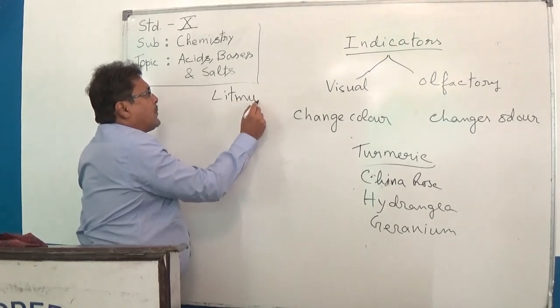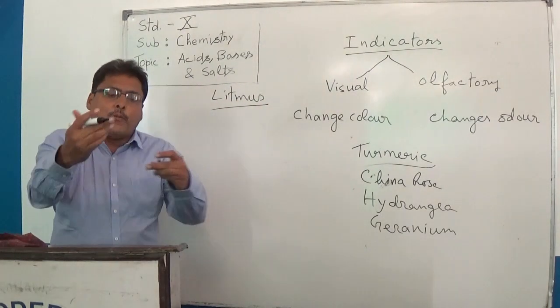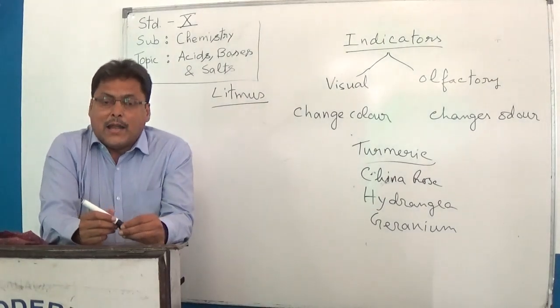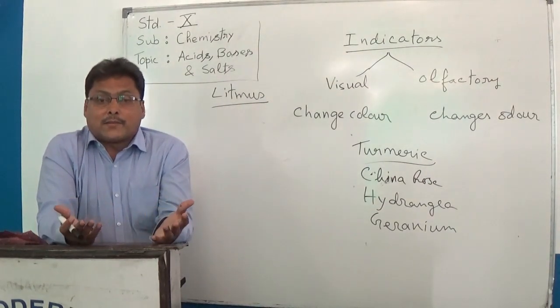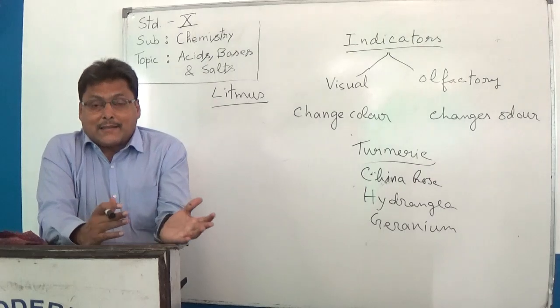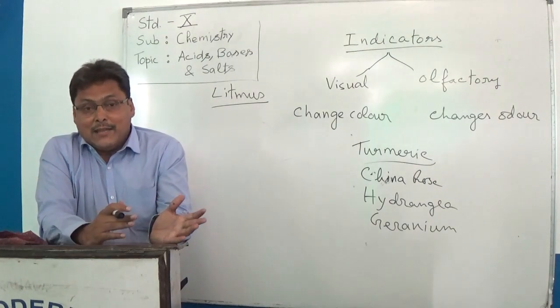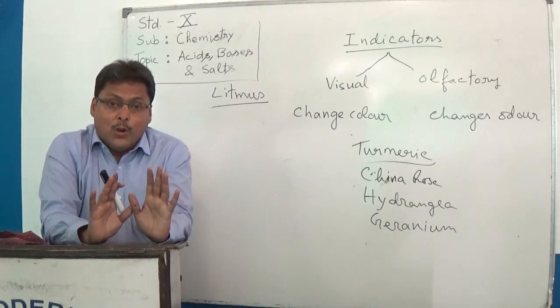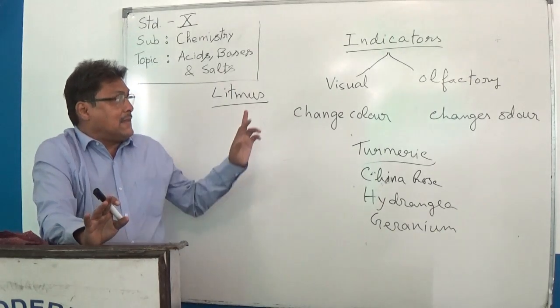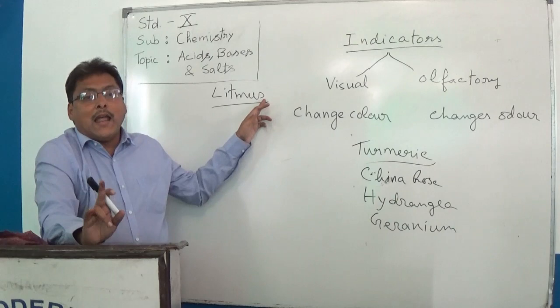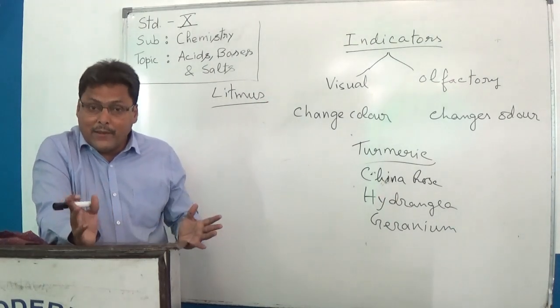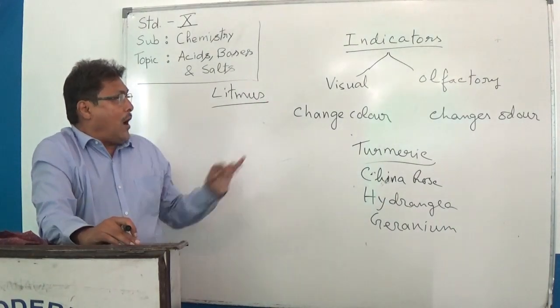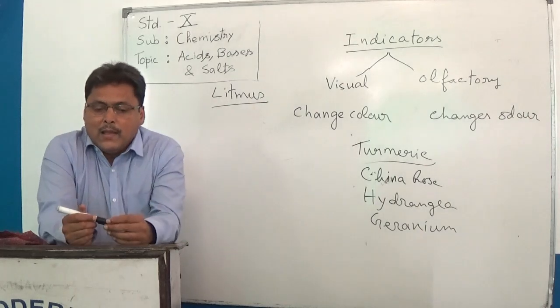This name you have learned even from your 4th or 5th standard, that litmus, in acid, changes into red, in base it changes back into blue. Now, this is the most important natural visual indicator we have in this world. What is litmus?